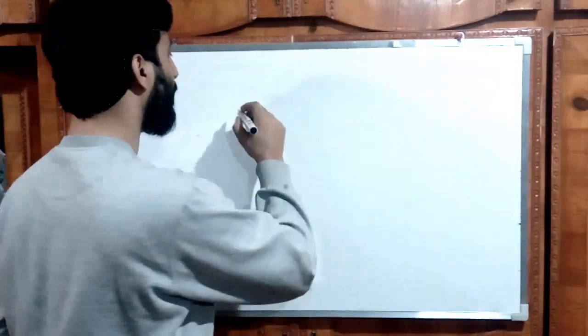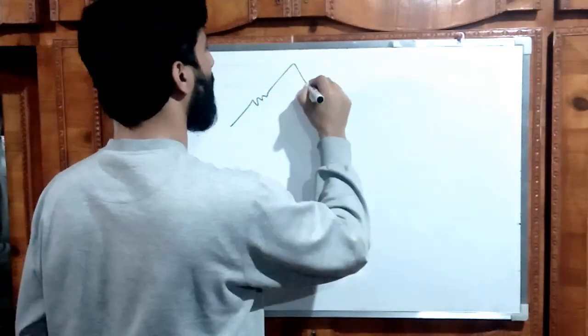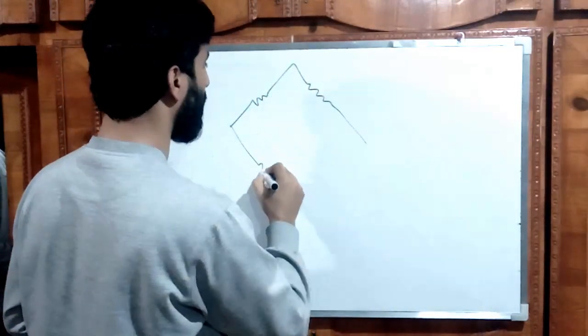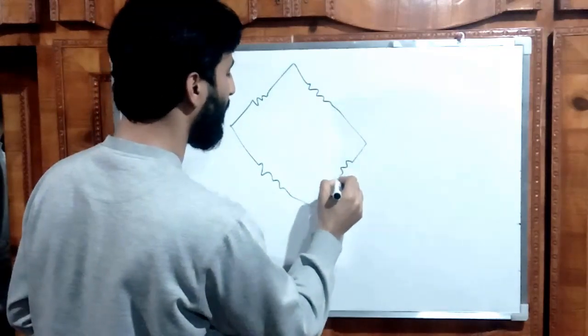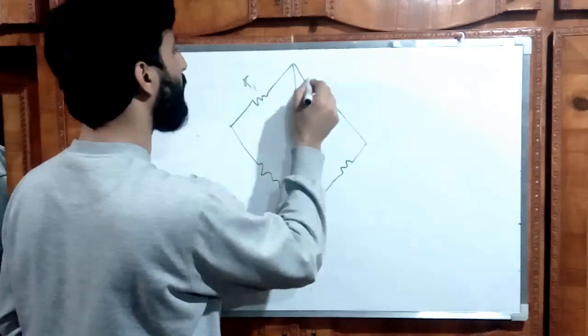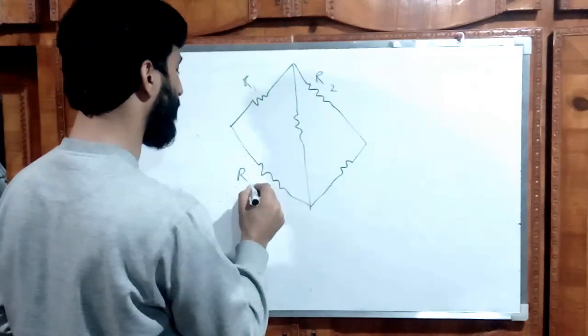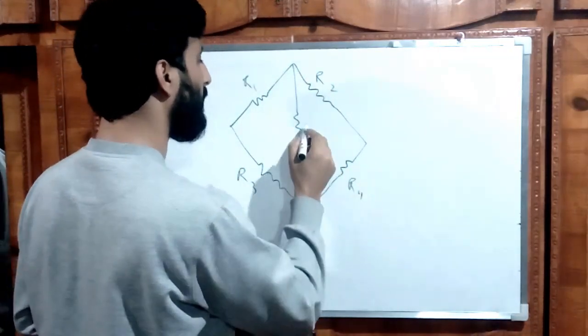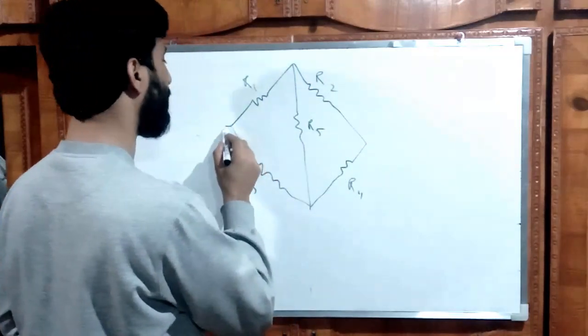Now, let's try to understand one more thing. For example, this is R1, R2, R3, R4, and this one is R5.